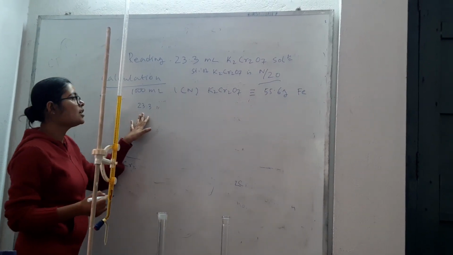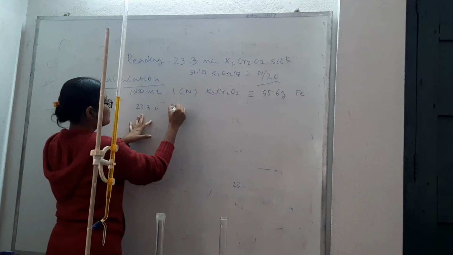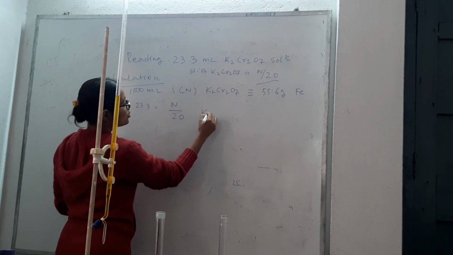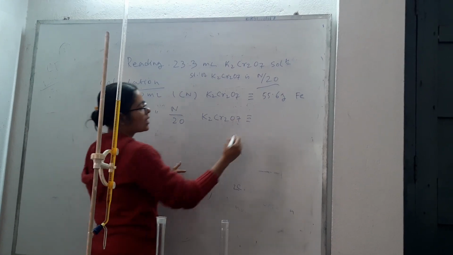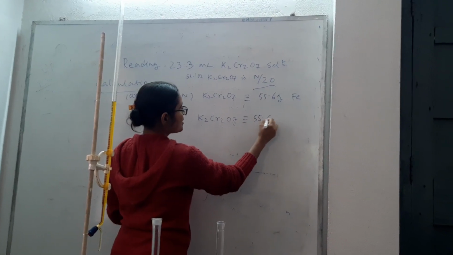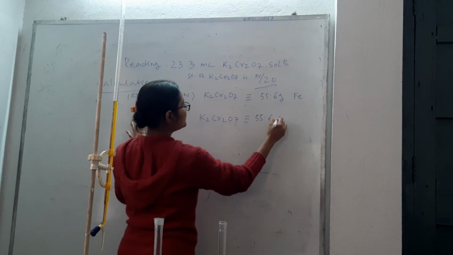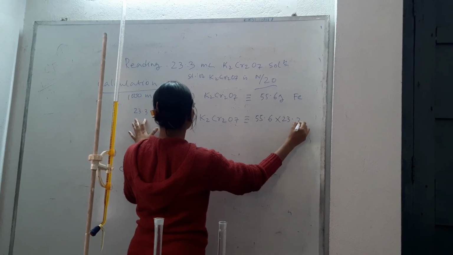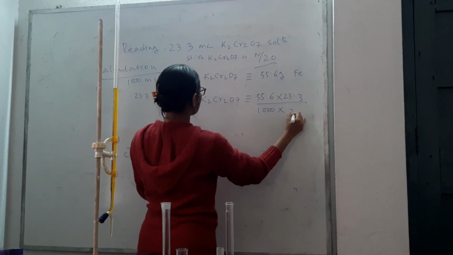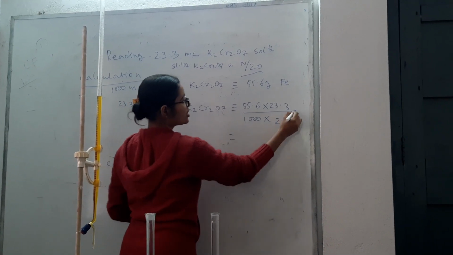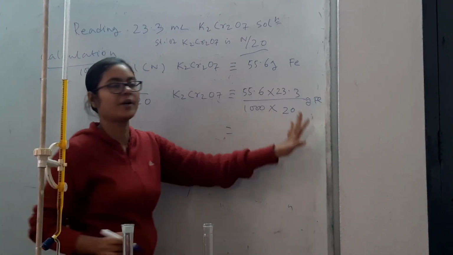So 23.3 ml of N/20 K2Cr2O7 is equivalent to 55.6 into 23.3 divided by 1000 into 20. So this is our calculation of how much iron is present.